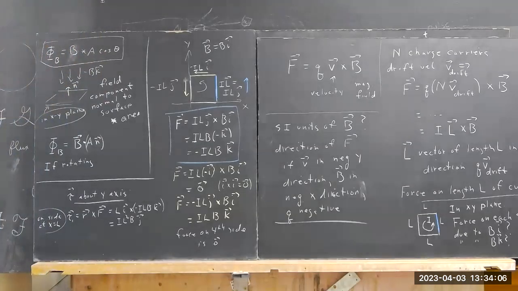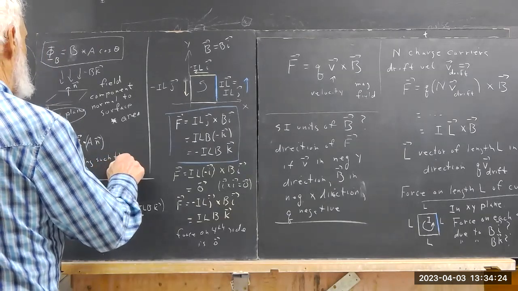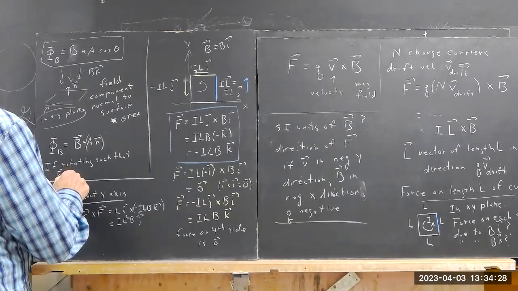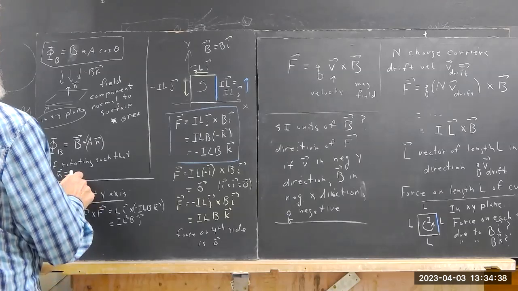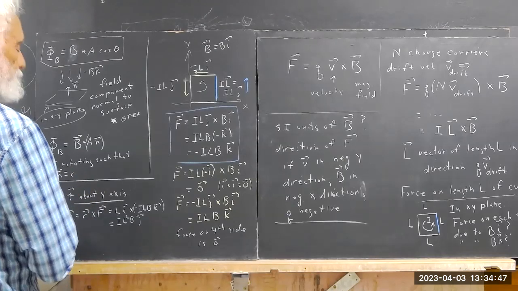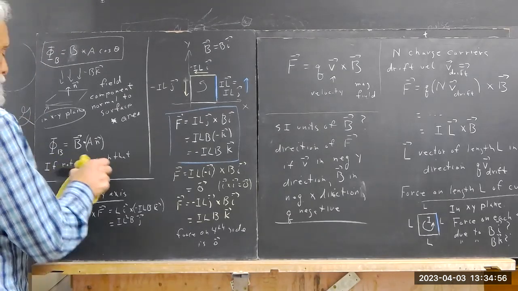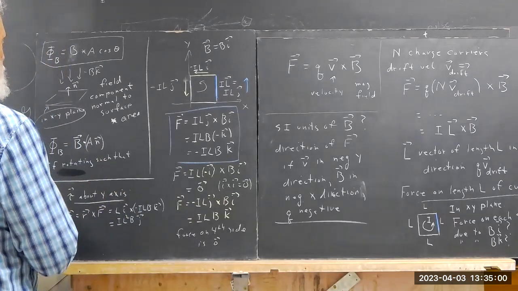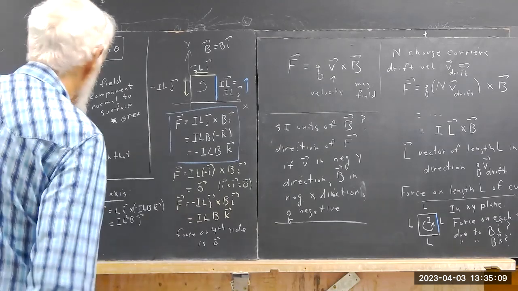Right, it's small, but it's the biggest thing we've talked about yet. And if this loop is rotating about the X or the Y axis, then write this down: theta equals omega t.